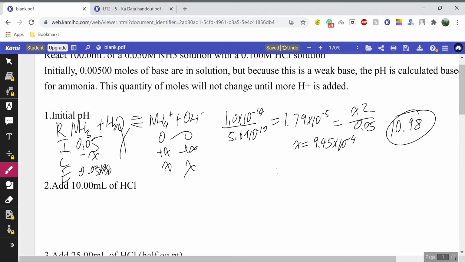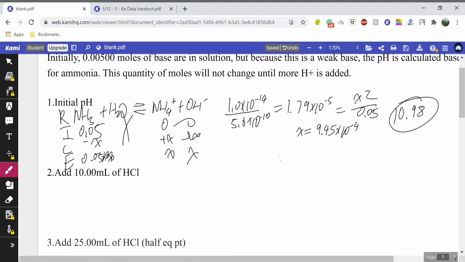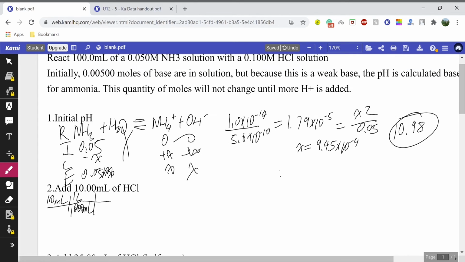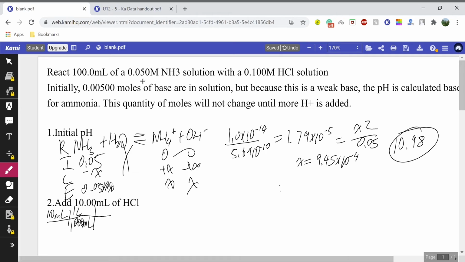Alright, now we start adding our strong acid. First let's calculate how many moles this is. So I'm going to write this process over here, and then I'll write it for the rest. We're given 0.1 molar HCl. So on top is moles, on the bottom is liter.